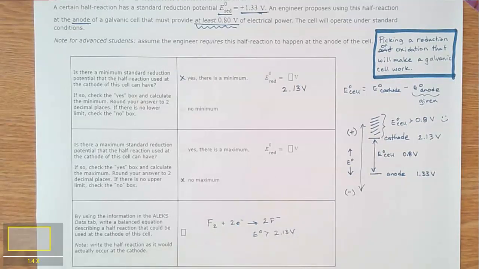Now, in variations on this, Alex might give you the potential that the cathode is at, and then ask you to figure out what potentials for the anode would be acceptable. And in that case, you might be thinking about reduction potentials that are down in here.